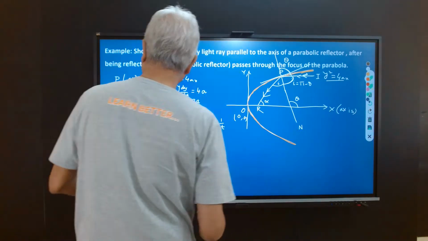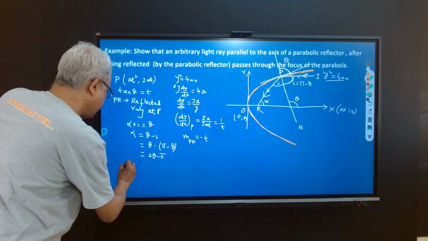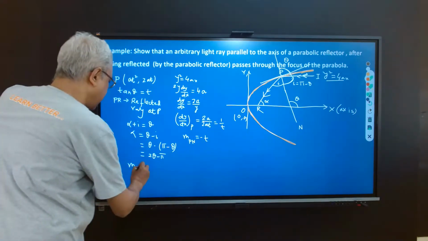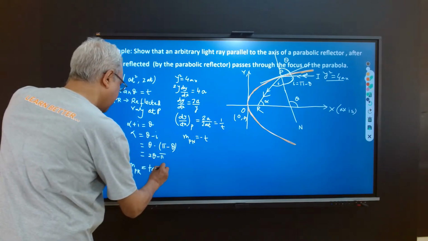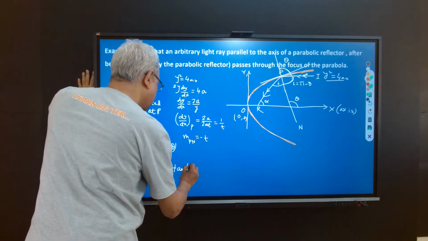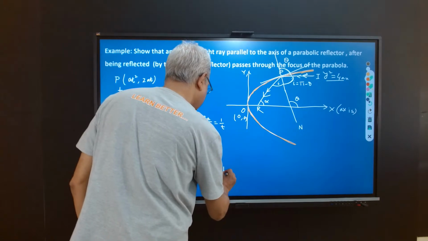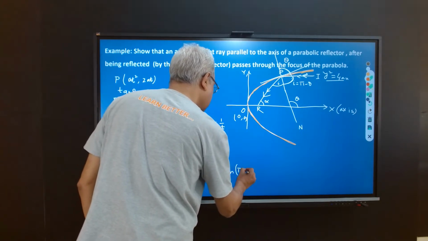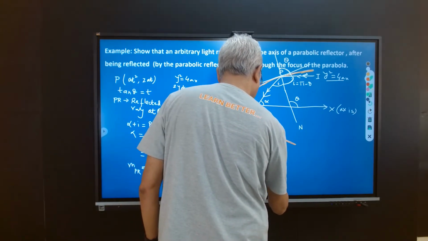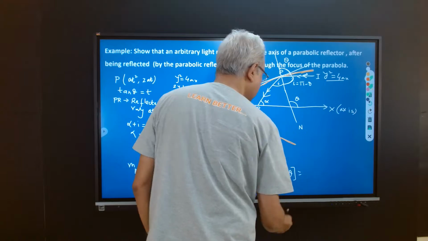So the gradient of the reflected ray PR is tan alpha, which is tan (2 theta minus pi), equal to minus tan (pi minus 2 theta). So it becomes minus of minus tan 2 theta, so it is tan 2 theta.